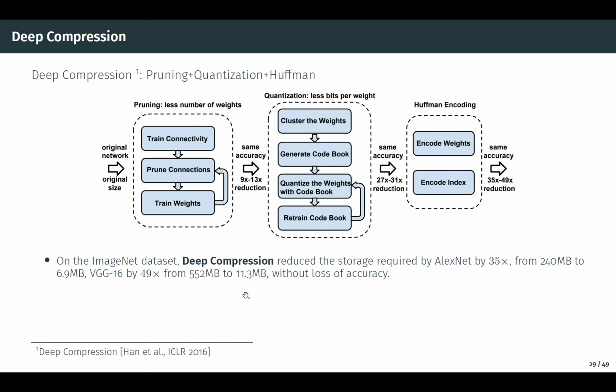They show that they could actually reduce, for example, VGG16, which is one of the largest CNNs in terms of memory size, by 49 times without losing any accuracy. So this is how powerful these methods can be when combined, and they can really reduce the memory consumption as well as the computation workload.